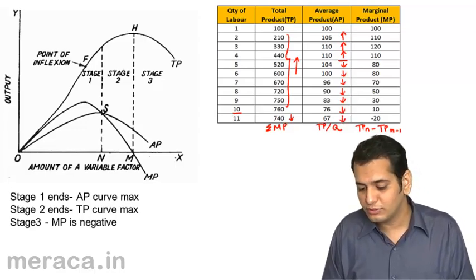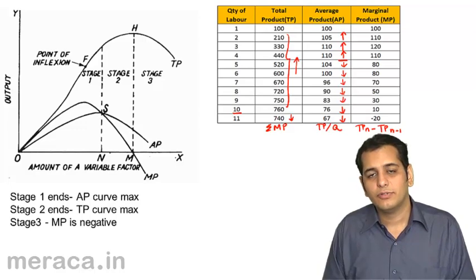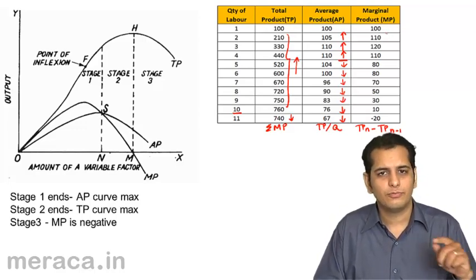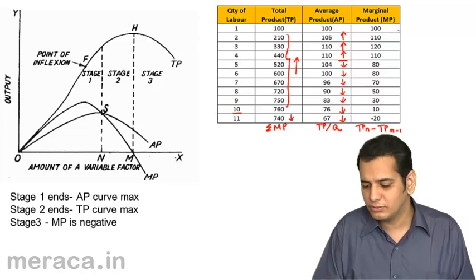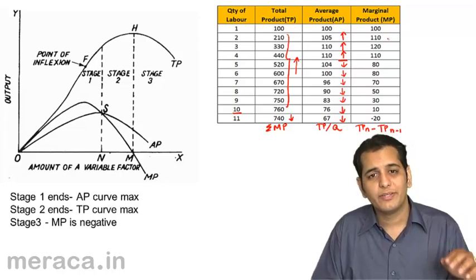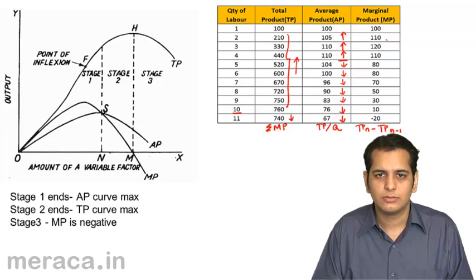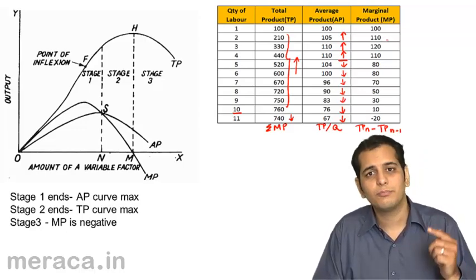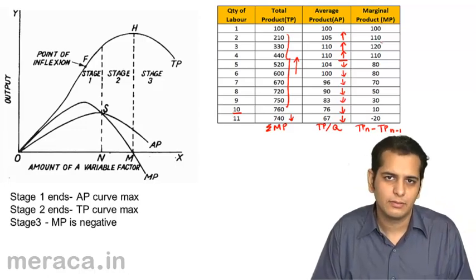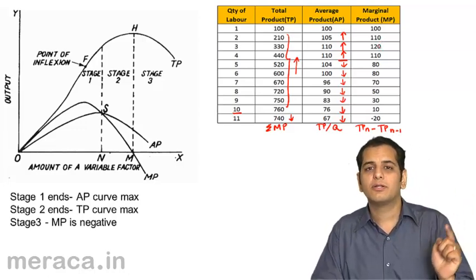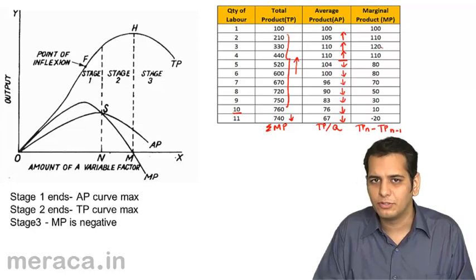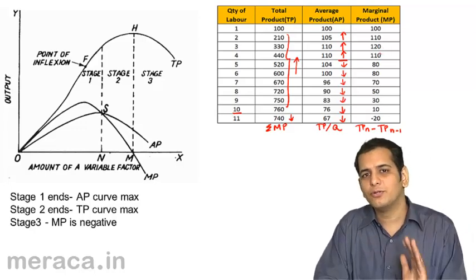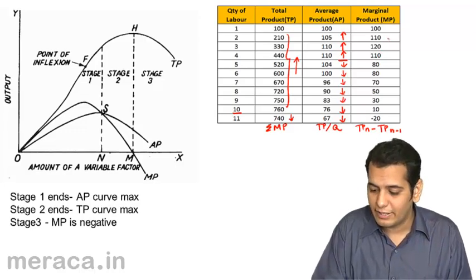Now let's see what is the case with marginal product. The marginal product of the first laborer is 100. When there are two laborers, the total product is 210. We know that the first laborer produced only 100 units, so it is obvious that the second laborer produced 110 units.